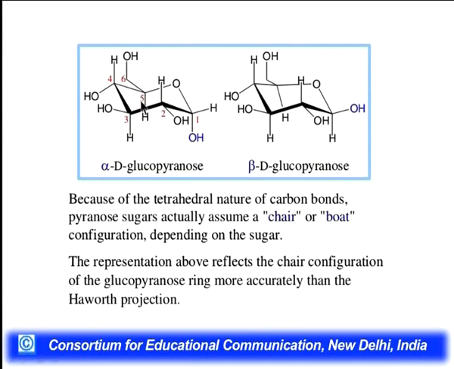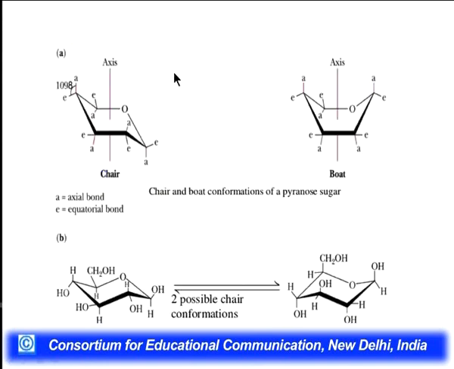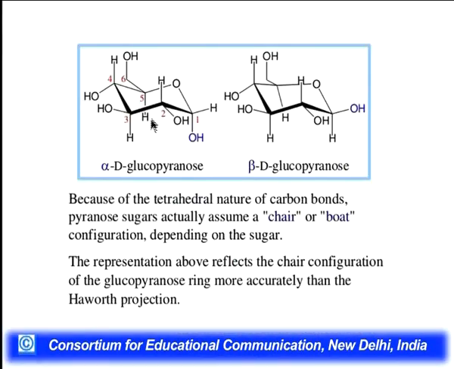But the chair form is more stable, because if I go back to the boat form, the distance between the axial bonds is less and there is more steric repulsion. Whereas in the chair form, the distance is more and it is free of steric repulsions.